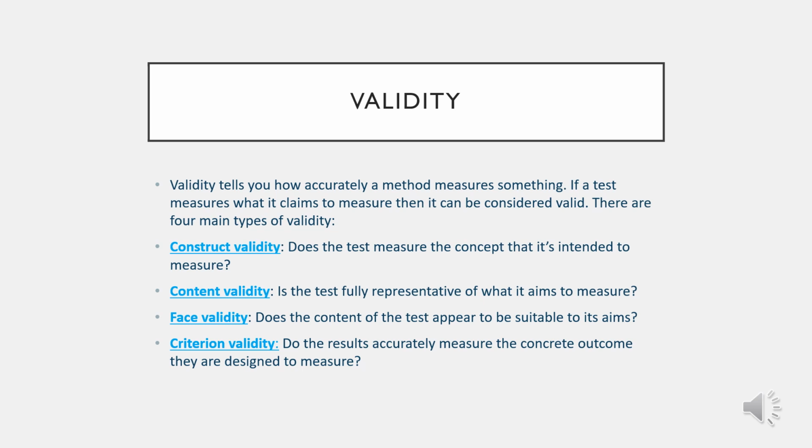So we need to be very clear that the test is representing what it aims to measure. We can't use one single test of memory for faces to make a global proclamation about somebody's entire memory function.